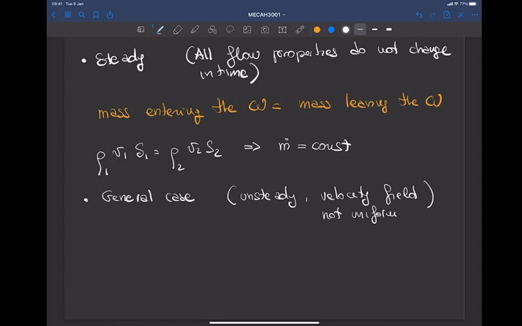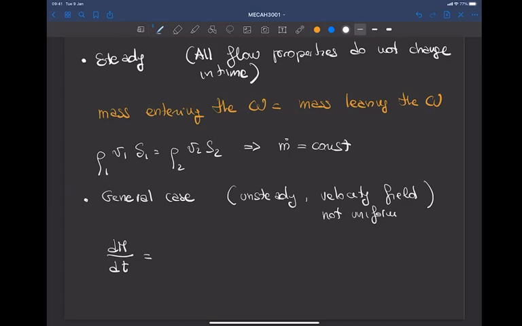So of course we have to consider the fact that the mass in the volume can change in time, and so we will have an unsteady term, and so the accumulation, which of course can be negative or positive, of mass in the control volume, will be simply equal to the difference between the inlet mass flow rate and the outlet mass flow rate.